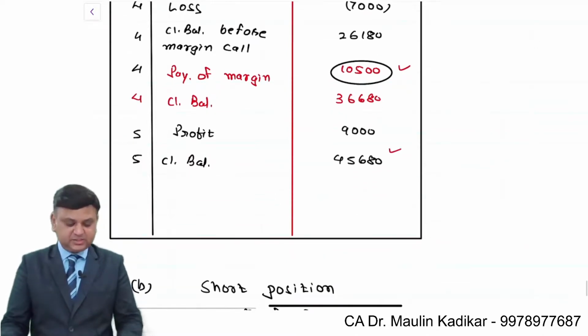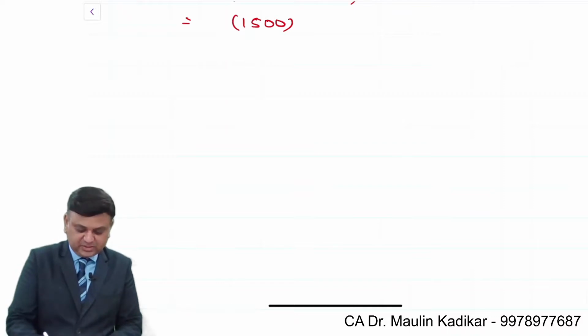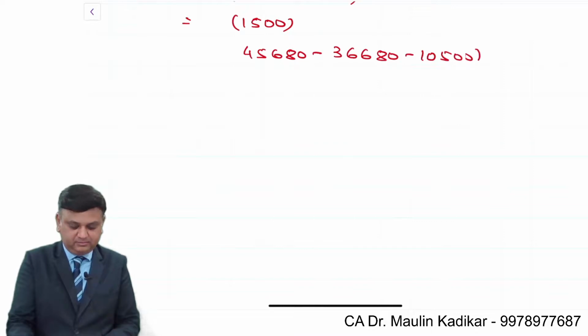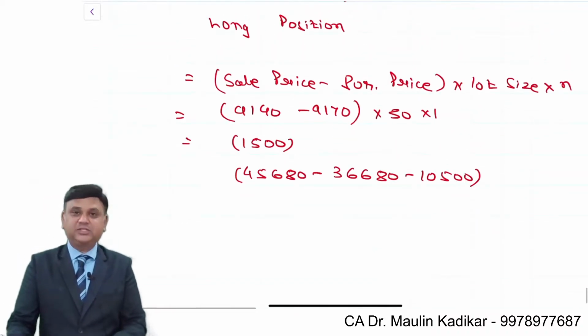And what you receive is 45,680. So what you receive, 45,680, minus what you paid, initial 36,680 plus 10,500. You can see that exactly the amount of loss is 1500.